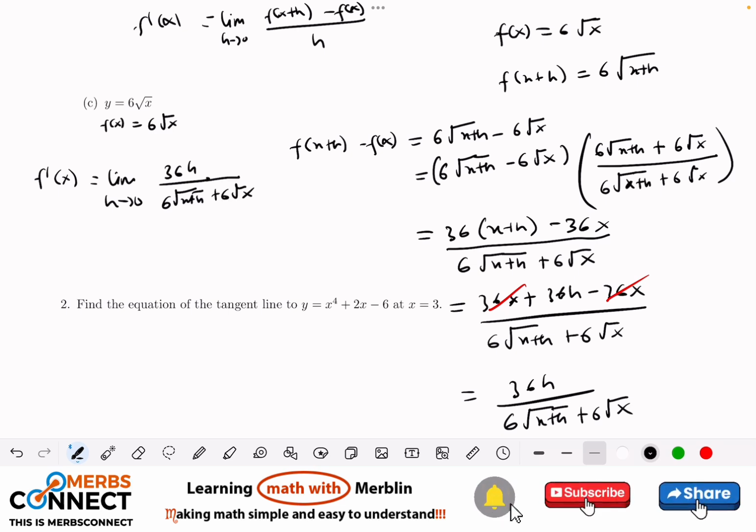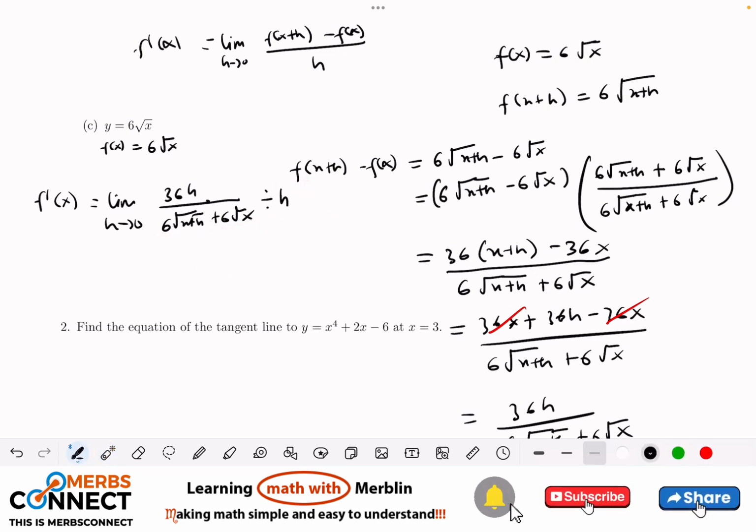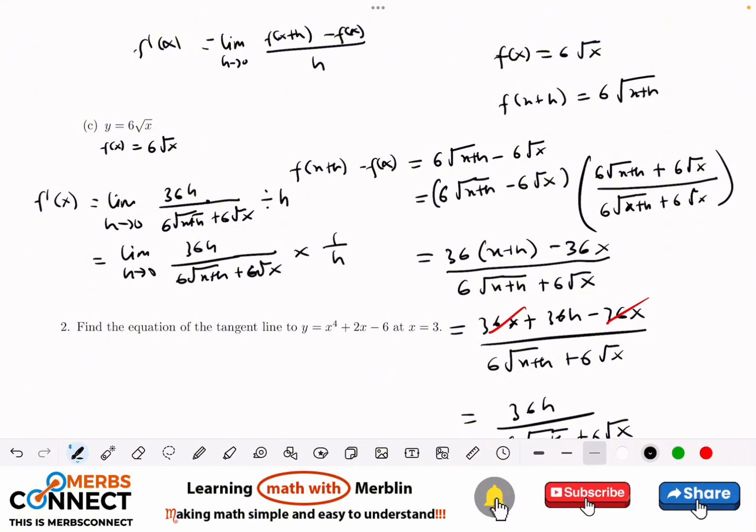Now this is on the top, so I'm going to divide this by h, which is the same as multiplying by 1 divided by h. So this will be limit as h approaches 0 of 36h divided by 6 root of x plus h plus 6 root of x, times 1 divided by h. Then this guy will cancel this guy. Good.